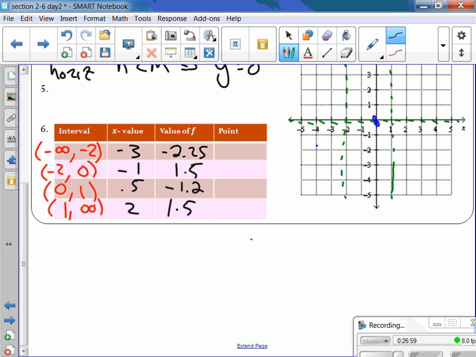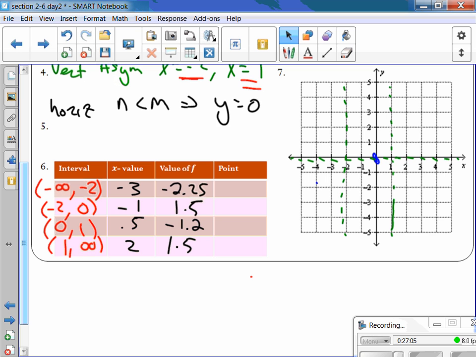So, -3, -2.25, puts us right about here. -1, 1.5, 0.5, -1.2, and 2 at 1.5. What does this look like?